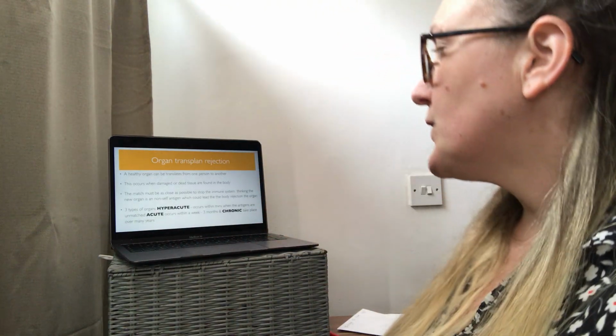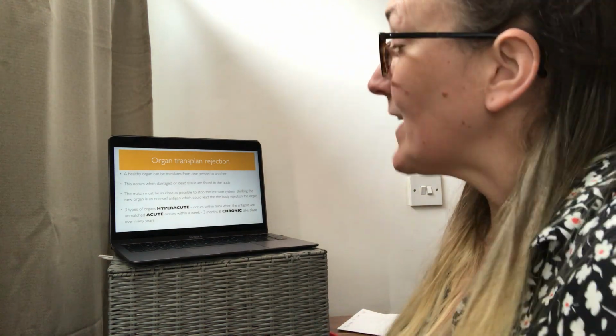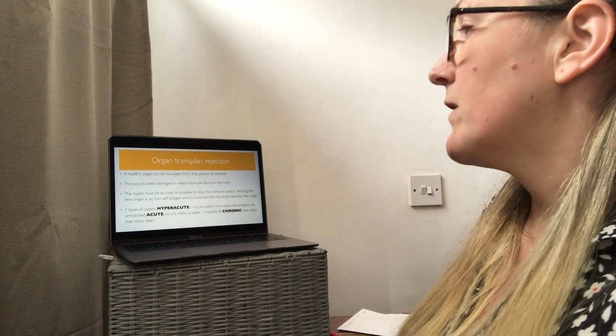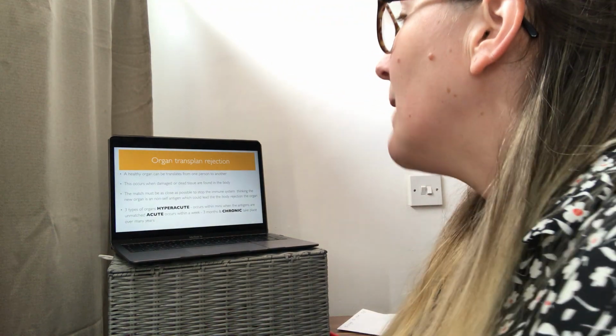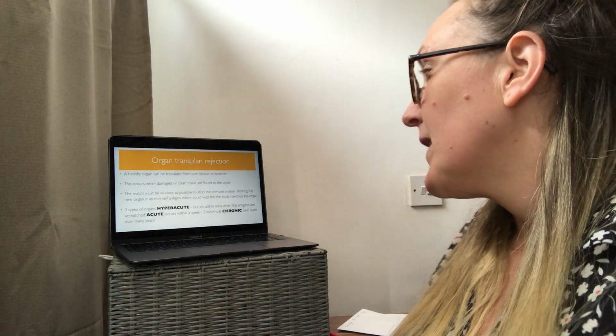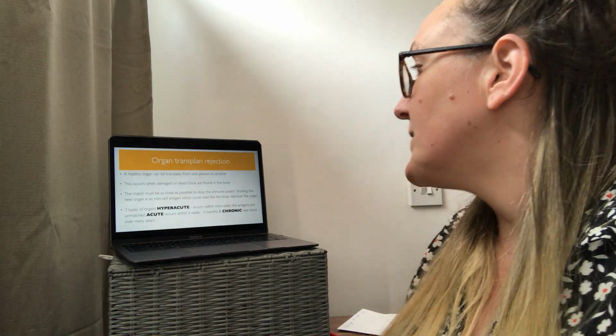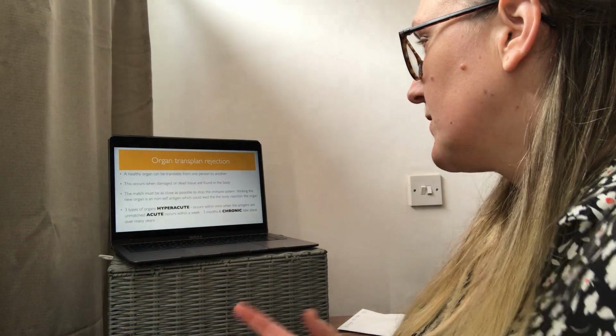Okay, so moving on to organ transplants and how they can be rejected. A healthy organ can be transplanted from one person to another. This occurs when damaged or dead tissues are found within the body. A match must be as close as possible to allow the immune system to accept the organ and stop it from recognising it as a non-self antigen, which could lead the body to completely reject the organ.